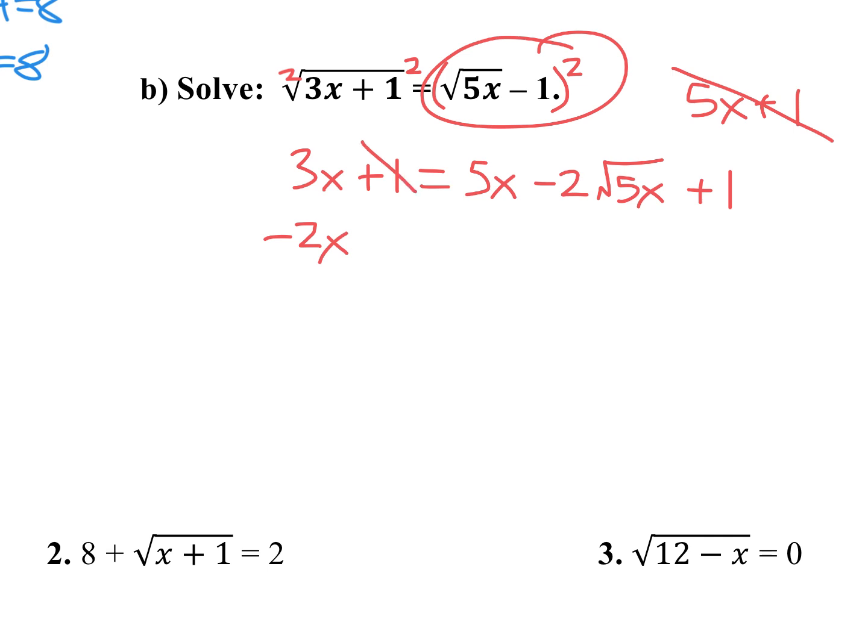And I can cancel out these ones. So I get negative 2x equals negative 2 times radical 5x. I can divide both sides by negative 2. All right, now I've isolated the radical, and I can raise both sides to the power equal to the index.